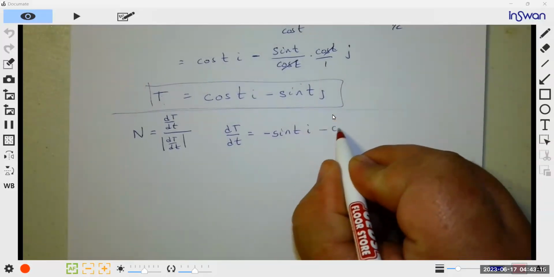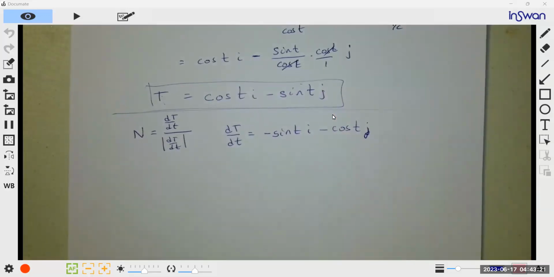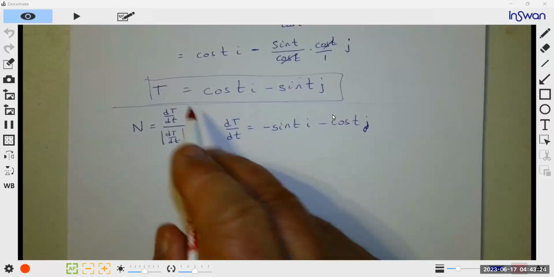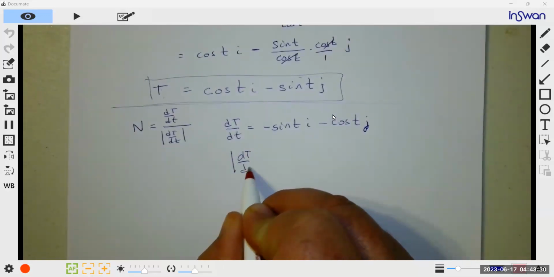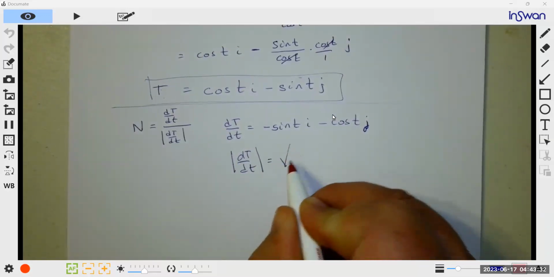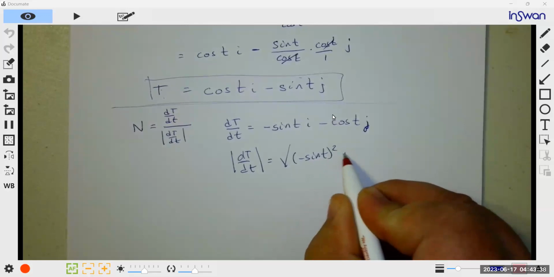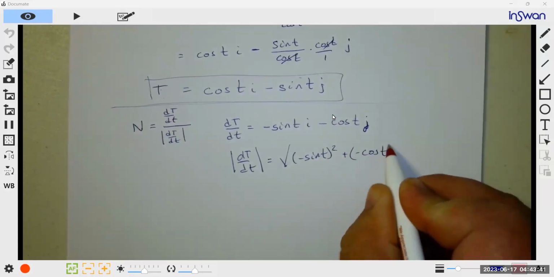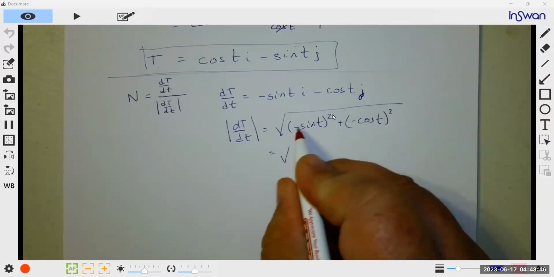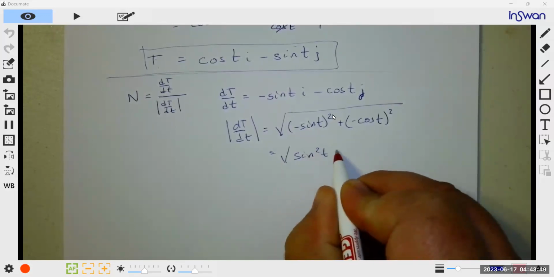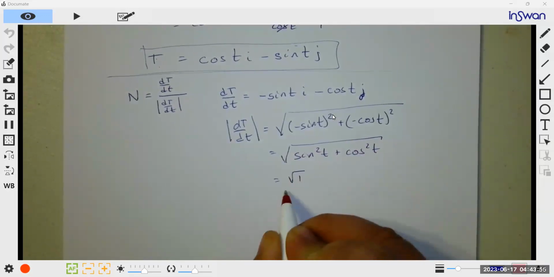The derivative of sine is cosine. Okay, we have the numerator. Now we have to find the magnitude of that. Negative sine t squared plus negative cosine t squared becomes sine squared t plus cosine squared t, which is 1.